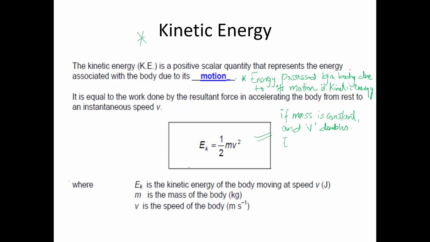So our new kinetic energy, what will it become? It will be equal to half m times double of v of the previous one. So you can see from here that double means what? It will become 4 times of half mv square. And this new kinetic energy will be equal to 4 times of the initial kinetic energy.